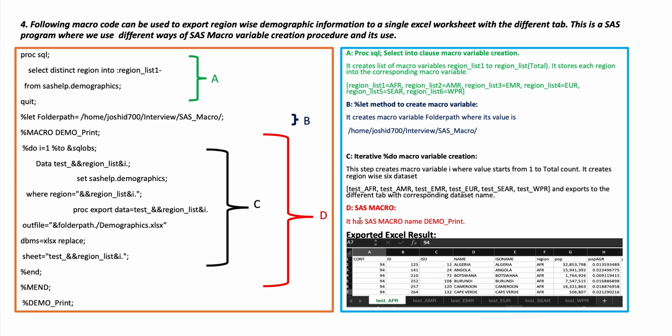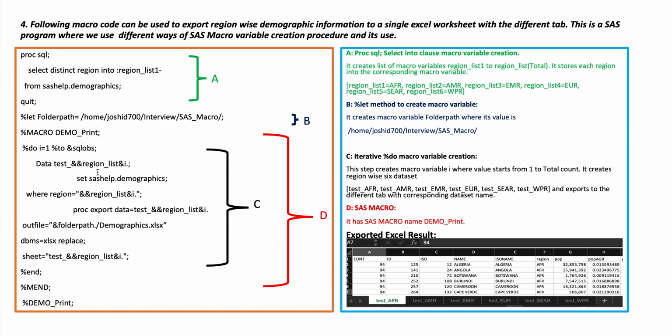Let me explain how it works. The first step is it stores all regions into macro variables region_list1 to region_list6. Then the next one is the %do method that takes, first of all, the value I equals 1, which resolves to the value AFR.